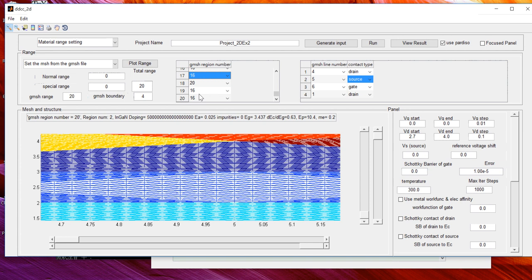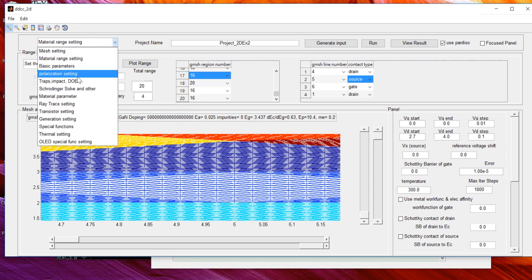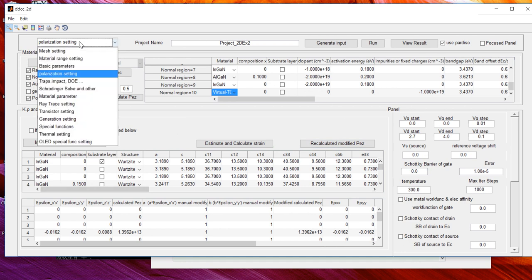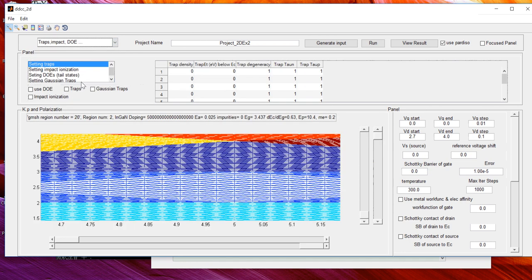Okay. All right. So 2D has some other functions, like parameter setting. Usually you won't do anything here. This is just the basic part, but you can use spatial density of states. You can use trap, Gaussian trap. Usually we use Gaussian trap. We don't use trap.